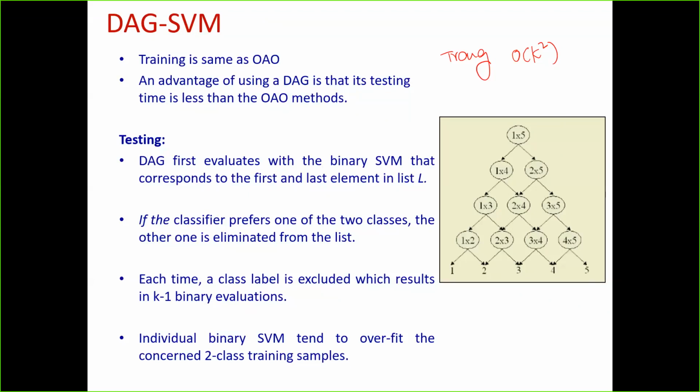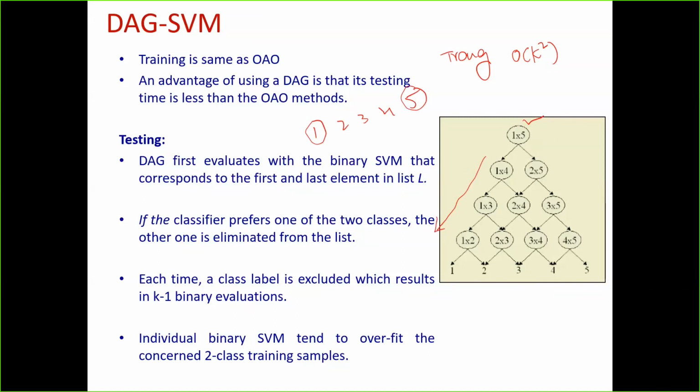Okay, so I'll tell you how to construct this DAG SVM. Let's say that there are 5 classes, 1, 2, 3, 4, 5. Take the two extreme classes. The extreme classes are 1 and 5. Keep this in the root node, 1 versus 5.